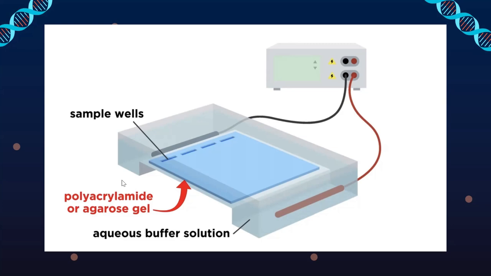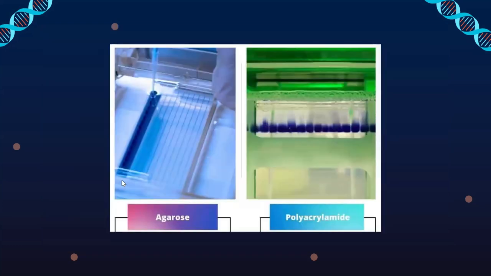Okay? So this is actually the structure or image for agarose and polyacrylamide. So, paano ba tayo mamimili ng eto? Can we use agarose in that sense, or paano natin sila gagamitin?